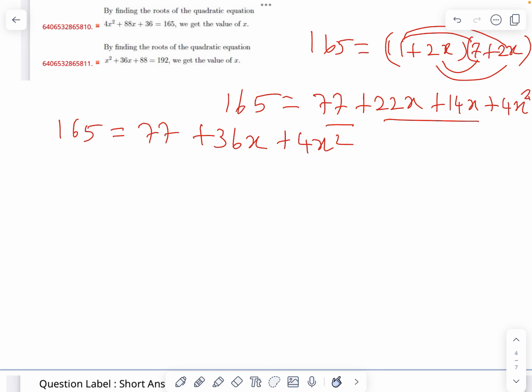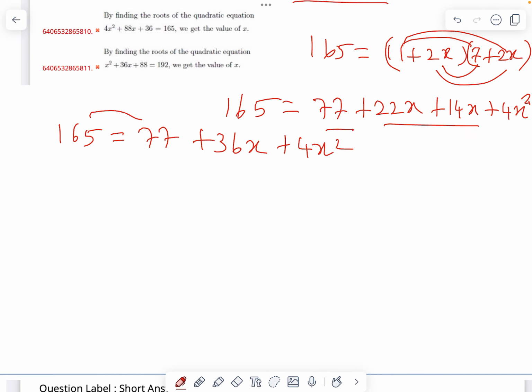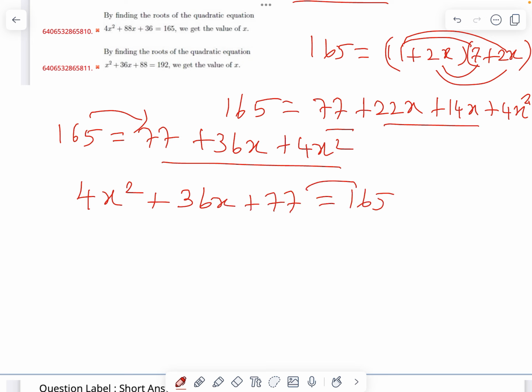Now what I'm going to do is take this 165 to the right hand side. Instead of writing that, I'm going to rewrite by rearranging. So 4x square plus 36x plus 77 is equal to 165. Bring this 165 to the left side: 4x square plus 36x plus 77 minus 165 is equal to 0.